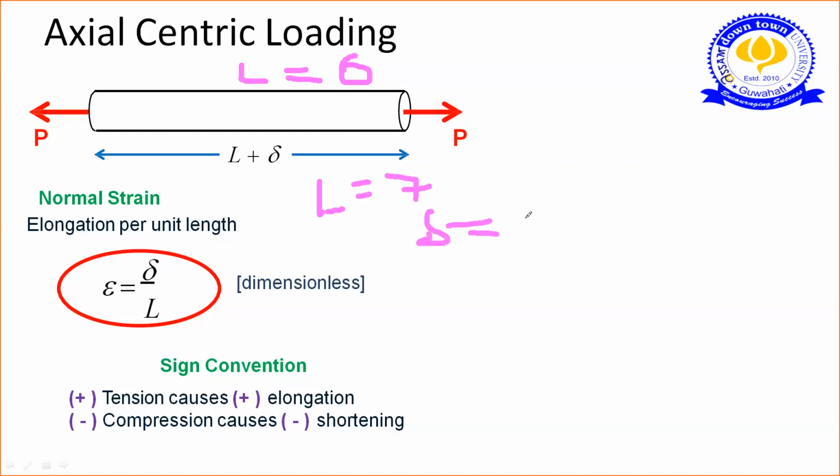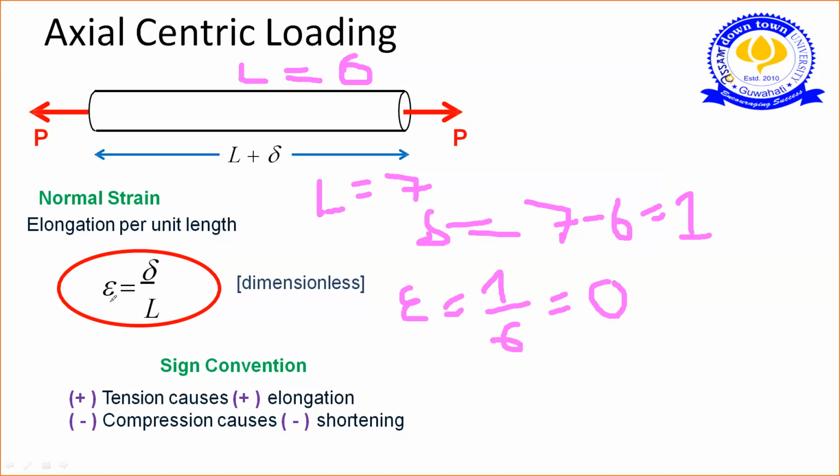Suppose we got 7. So how much is the change? Delta will be 7 minus 6, which is 1. So your strain will be 1 by the original length, 6. You'll get some value. That was the strain value. This is simply the normal strain: change in length by original length.